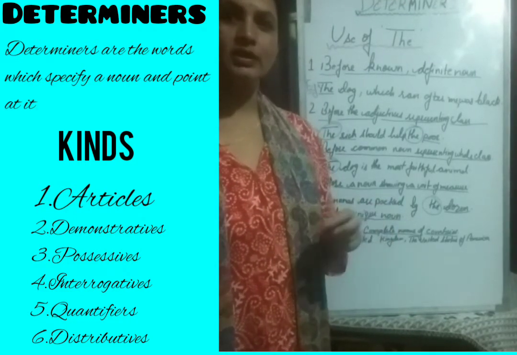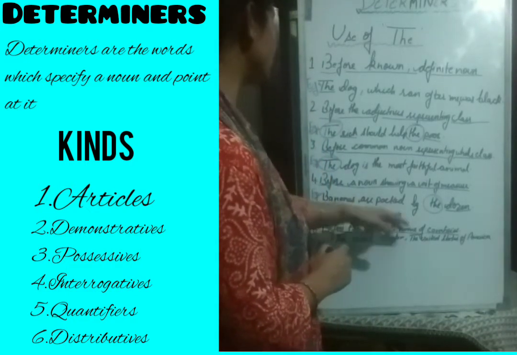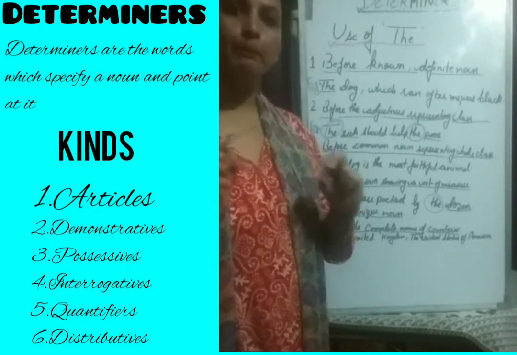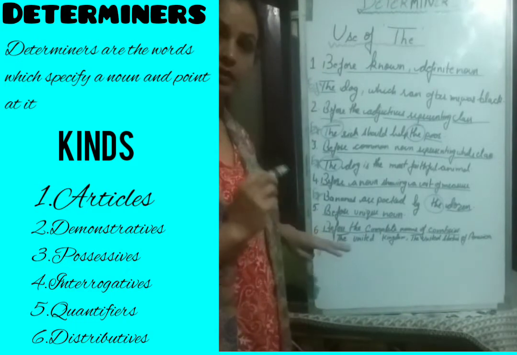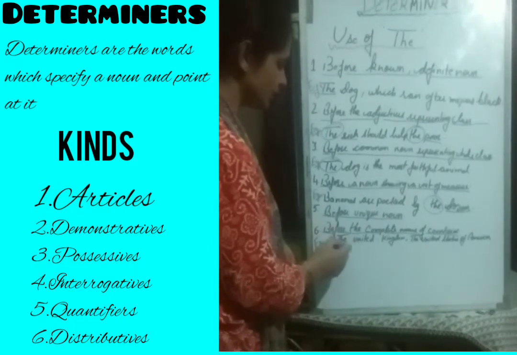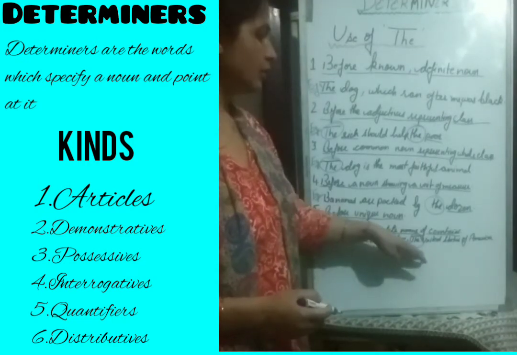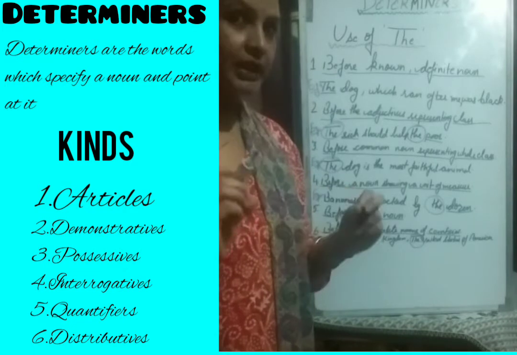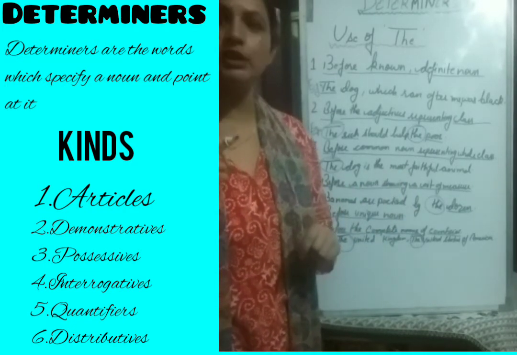Then before the complete name of countries. When we mention the complete name of countries, before that we use the definite article, like the United Kingdom, the United States of America.